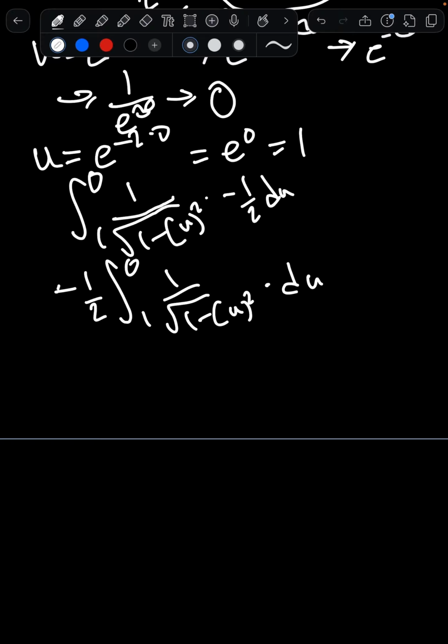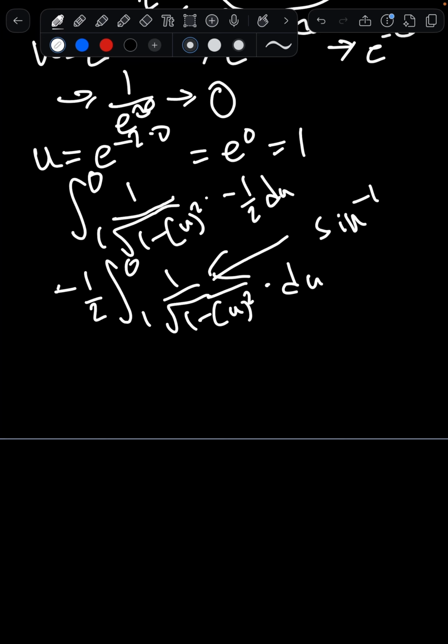Now, this formula right here should be screaming out at you as the integral of, well, not the integral, but the derivative for the inverse sine function, right? Because we know the derivative of the inverse sine function is 1 divided by the square root of 1 minus x squared. In this case, it's u squared.